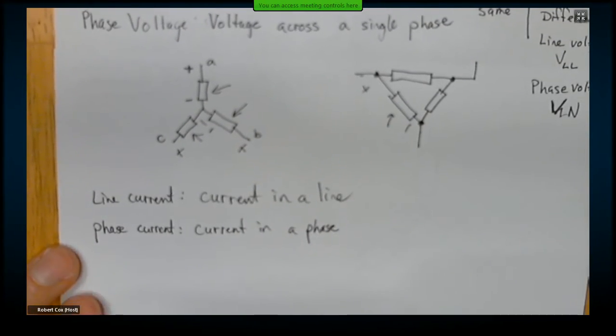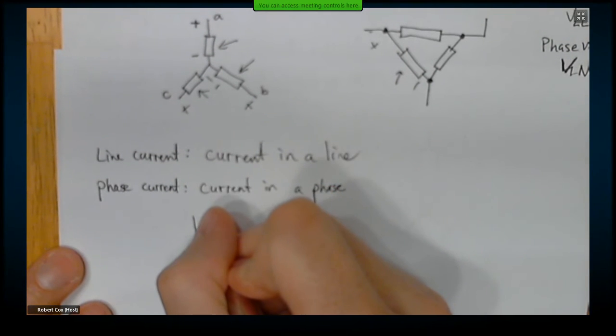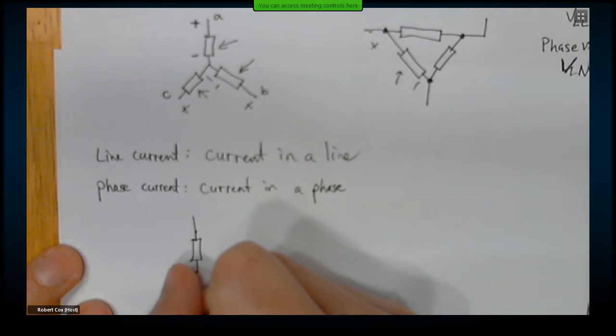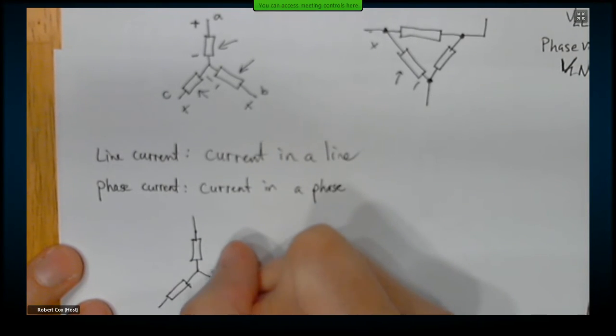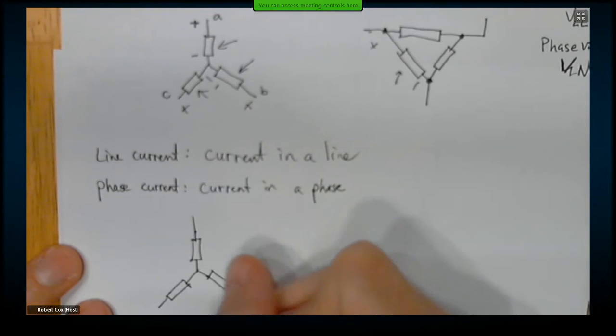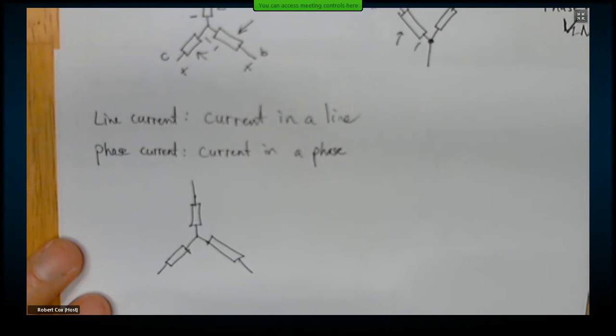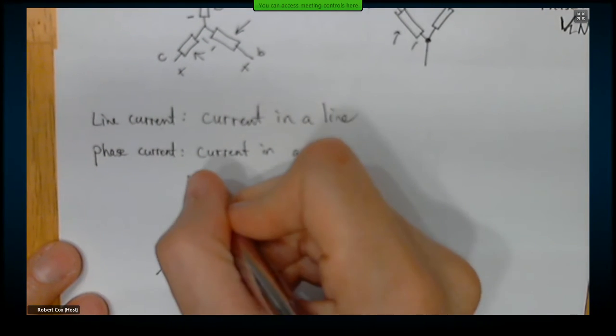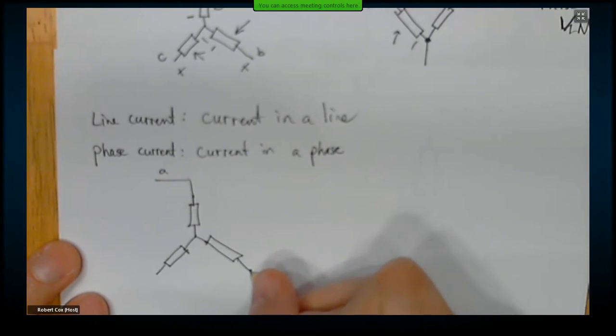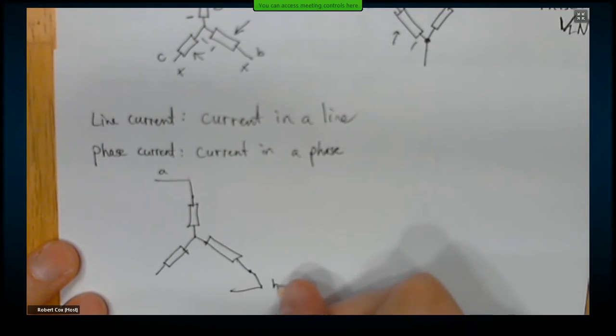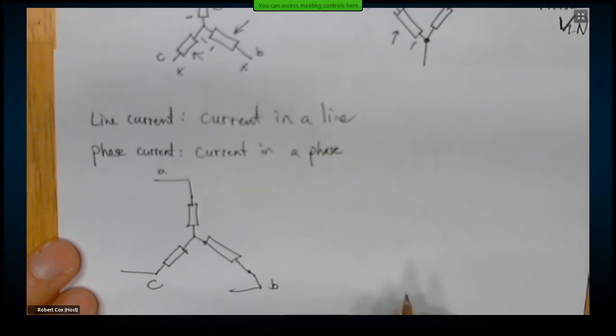So if I had a delta, or sorry, a Y, I'm going to do Y first. Each of these legs here is a phase. In this case, this is the A line, this is the B line, this is the C line.